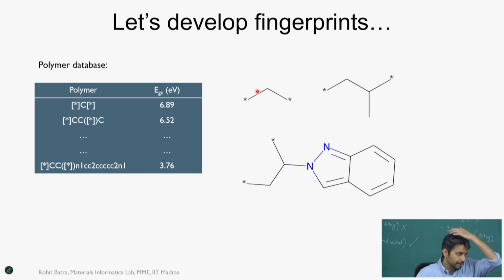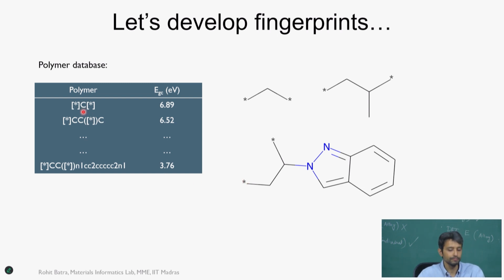Basically, it represents ethylene, polyethylene. So you have carbon repeating, that's what it is representing. Then this is how the second one looks, and for a more complicated case, this is how. The stars represent my connecting units, where the connection should happen.